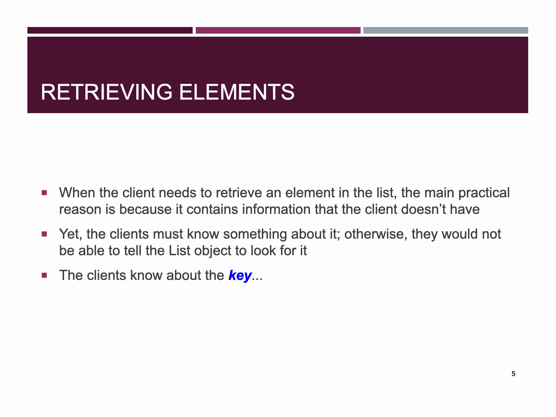We'll also learn how these keys work in different types of data structures in the coming slides. But the important takeaway here is that retrieving an element depends on knowing something unique about it, such as its key.